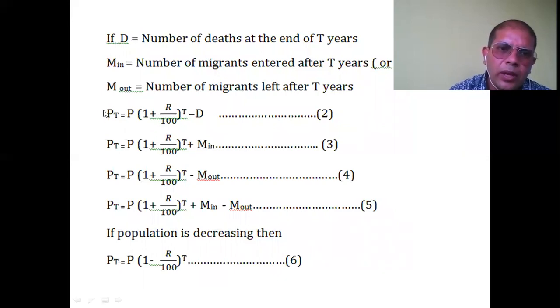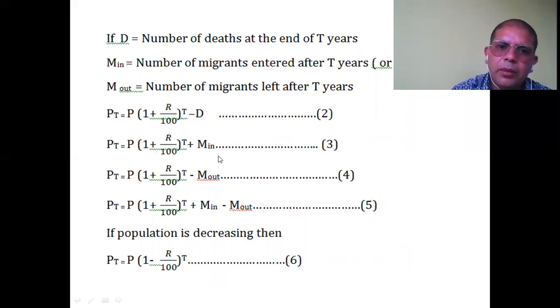So first we have only this formula, but if some people died, you should subtract this, in exactly the same formula, and if there is migration in or birth, you should add. For migration out, subtract.